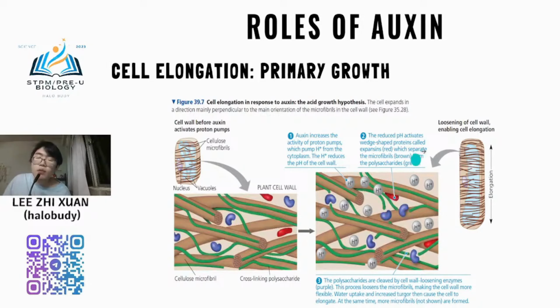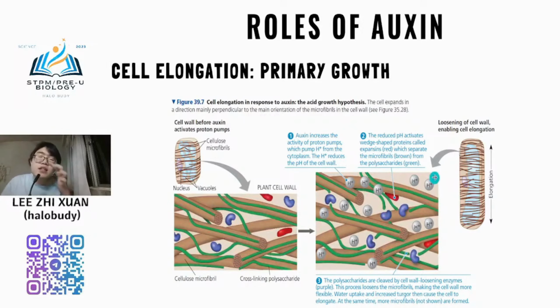This protein will separate the microfibrils from the polysaccharide. We know that the structure of the cell wall is composed of cellulose, one type of polysaccharide, and not only cellulose, you also have pectin, hemicellulose, lignin, all these.